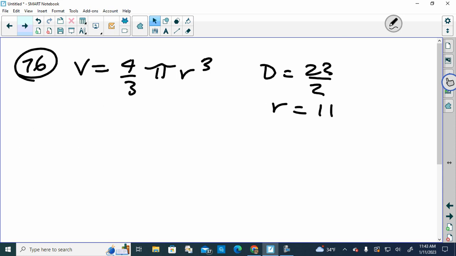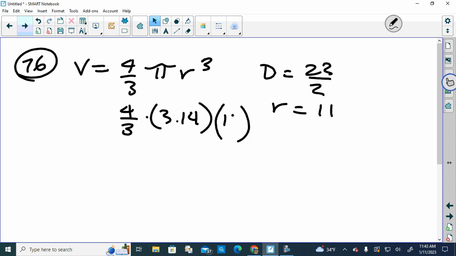Now let's start plugging things in. We've got 4/3, because that's part of the formula. What is pi? 3.14. We have radius now, which is 11, and it's not 11 times 3. It's 11 times 11 times 11.